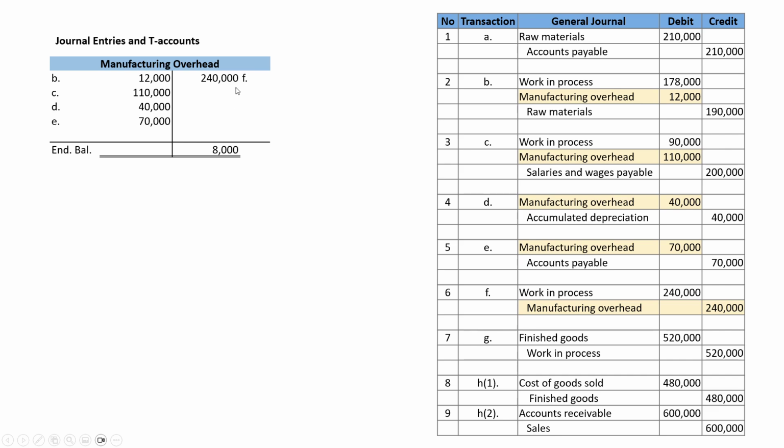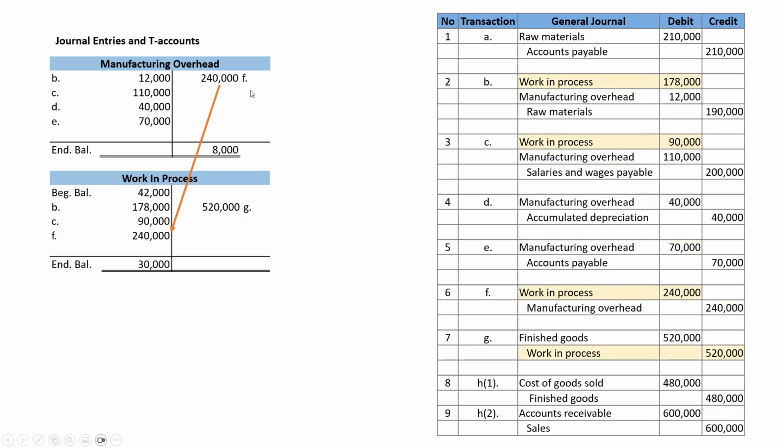We have a decrease though to manufacturing overhead related to F, where all the actual costs get debited to manufacturing overhead, but we apply overhead based on an estimate. Remember that predetermined overhead rate, and we're going to apply the $240,000 of manufacturing overhead to work in process.